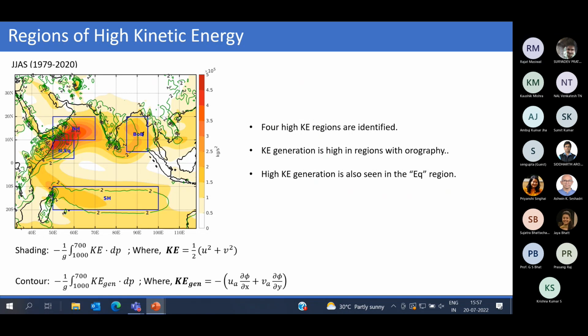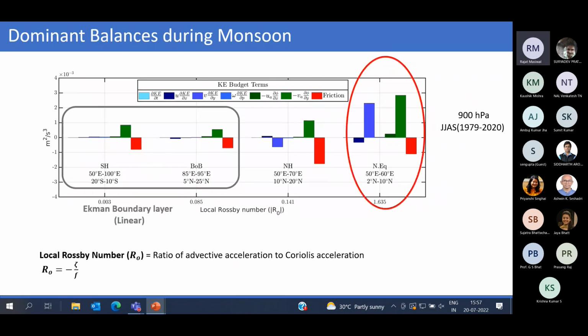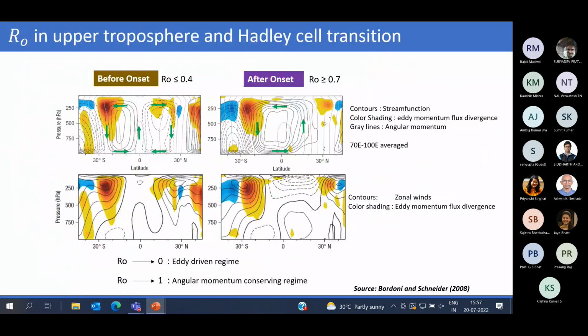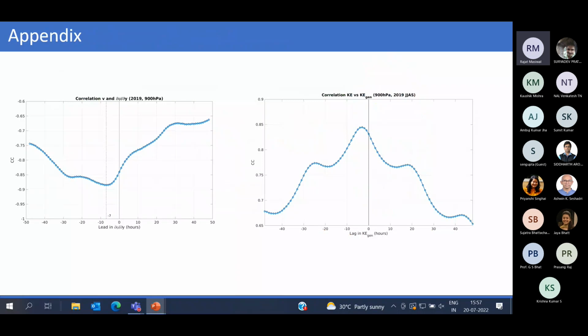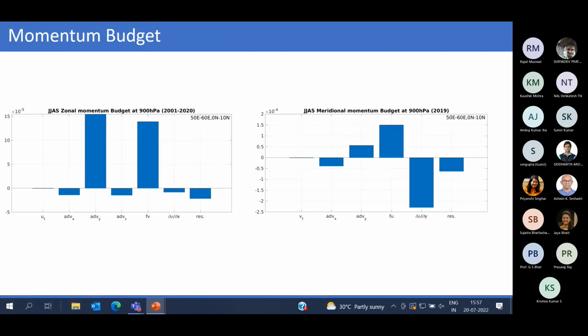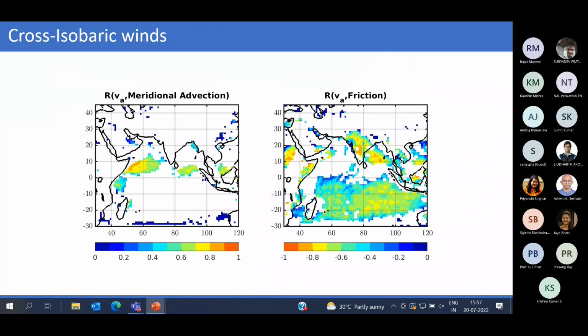I guess the orographic generation will come wherever you get some ageostrophy or some cross-isobaric flow. Most of the places where you have orography, cross-isobaric flow comes because of friction. You have friction, the winds have to cross the isobars.